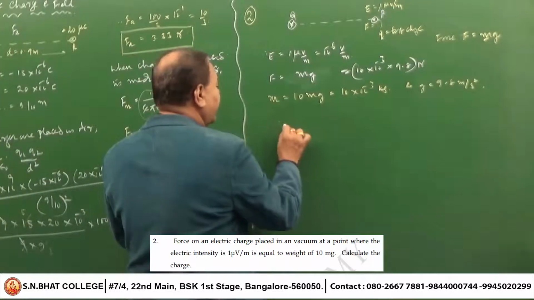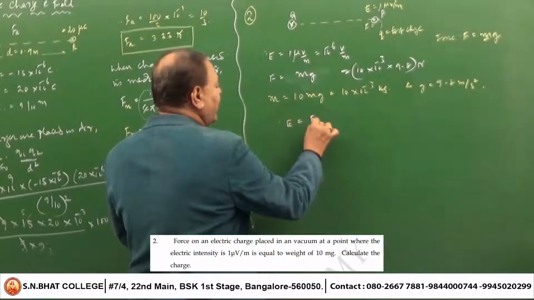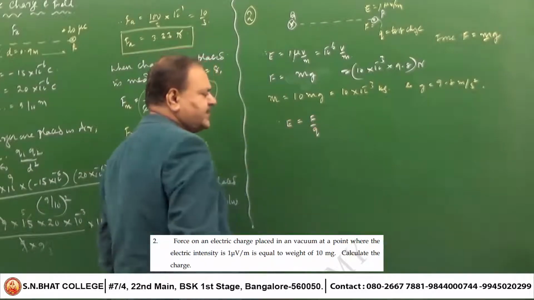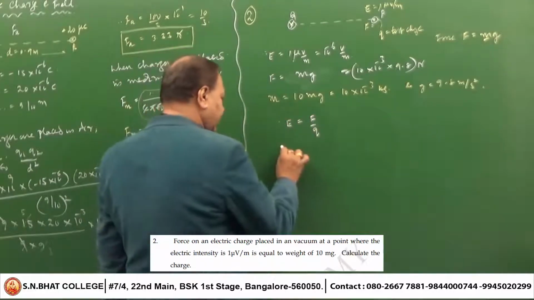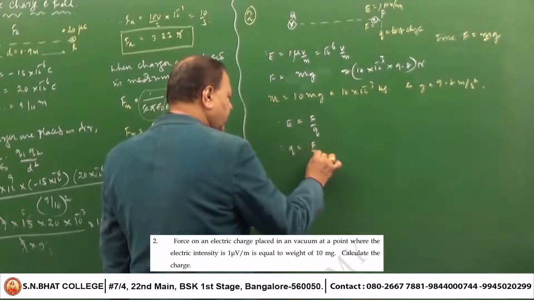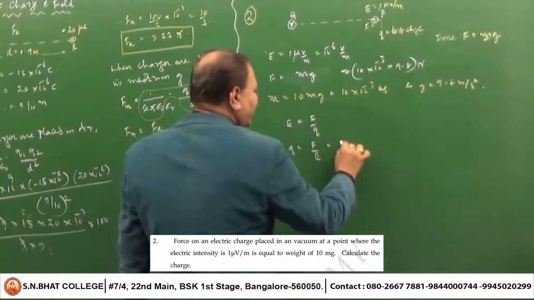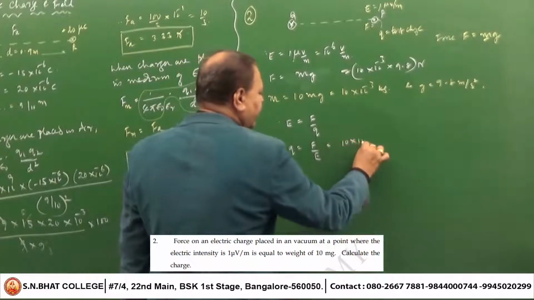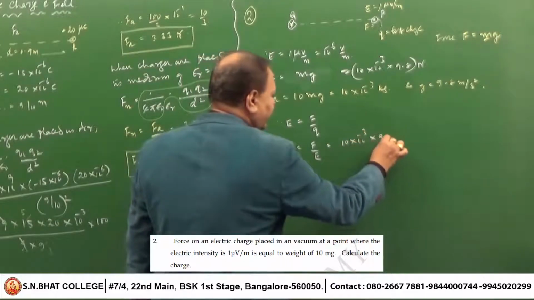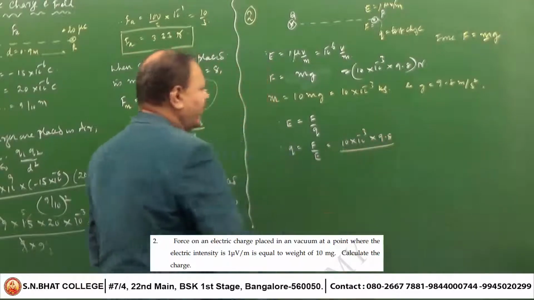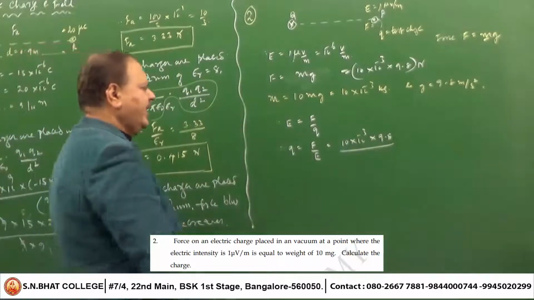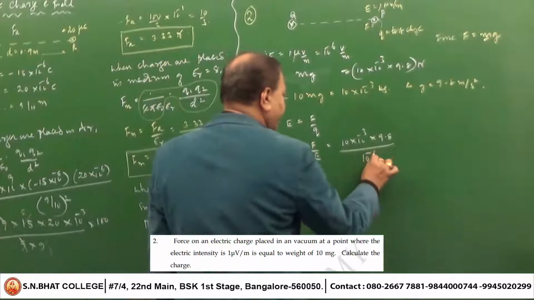Use the definition of the electric field. It is the force experienced by the test charge. And therefore your Q is equal to F by E. What is the value of F? F is equal to 10 into 10 to the power of minus 3 into 9.8, whole divided by your E, which is 10 to the power of minus 6.